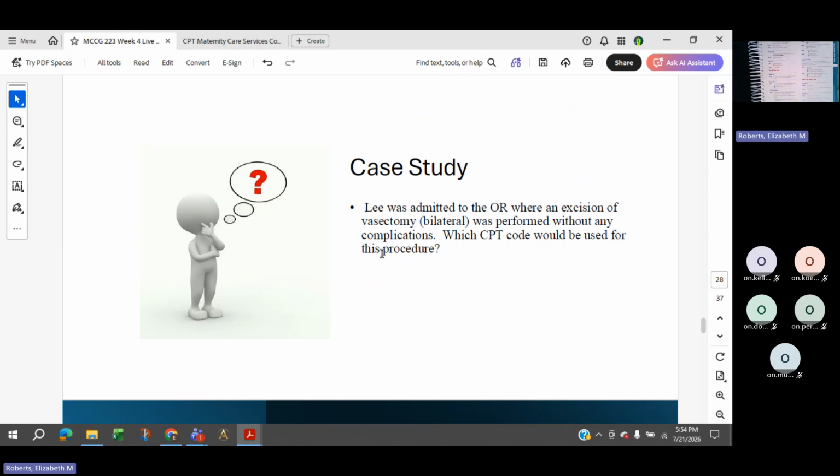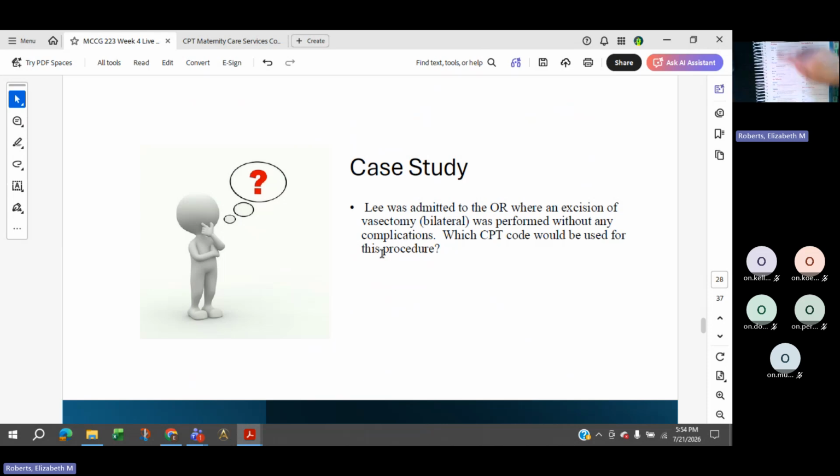And this is an example of what I wanted to talk to you guys about in terms of the male genital system subsection. 55250 is on page 429. That's the correct code. Good job. Thank you. But notice on this one page, we literally have 4 different anatomical structures.